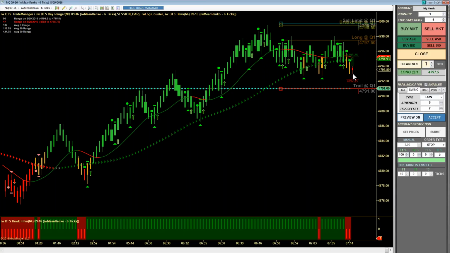Working a possible red bar buy, so last chance for the buyers to get their act together.